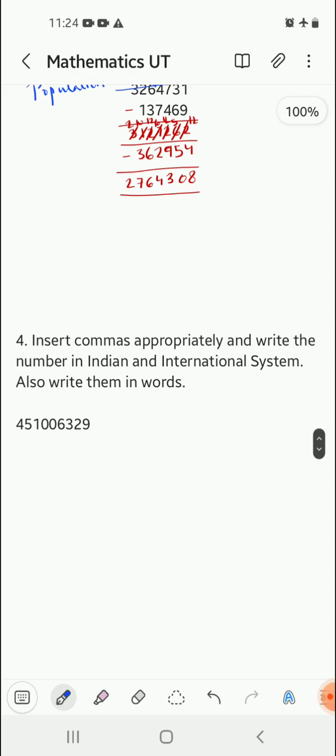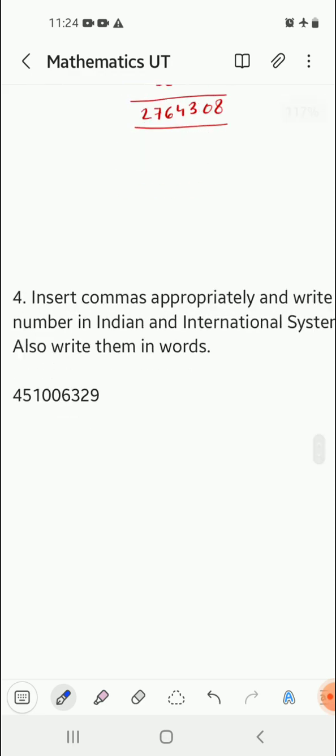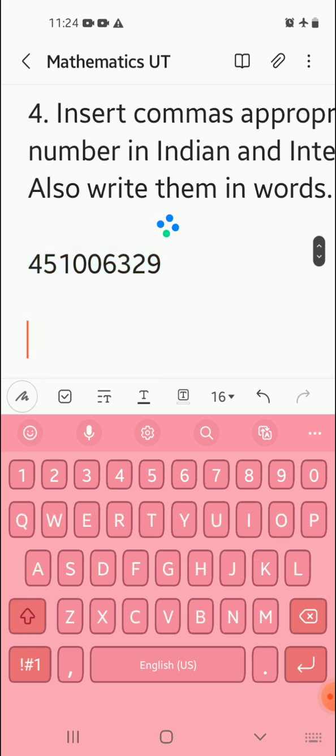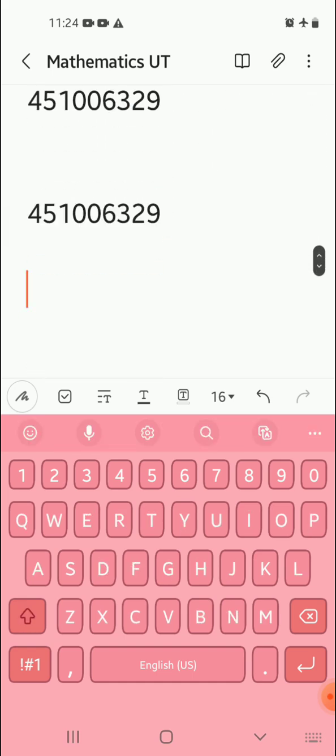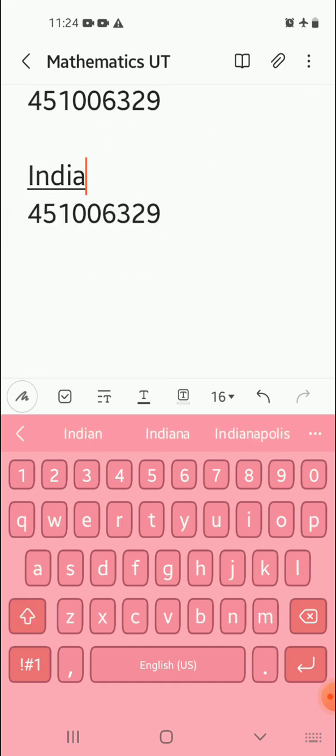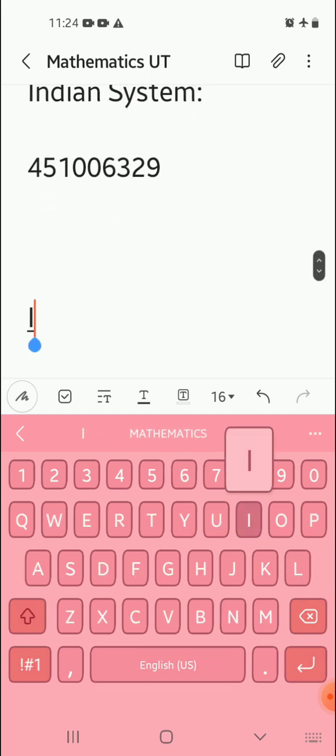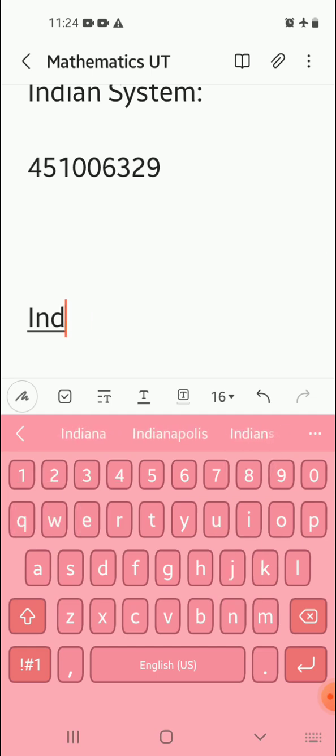Insert commas appropriately in Indian and international system. So first we are going to write the numbers in Indian as well as international system. So Indian system first, and then we are going to write it also in international system.